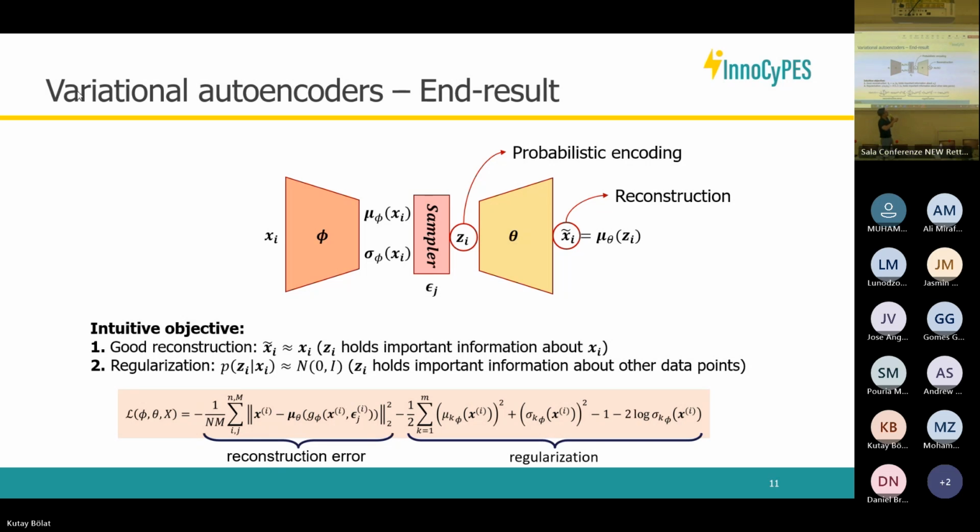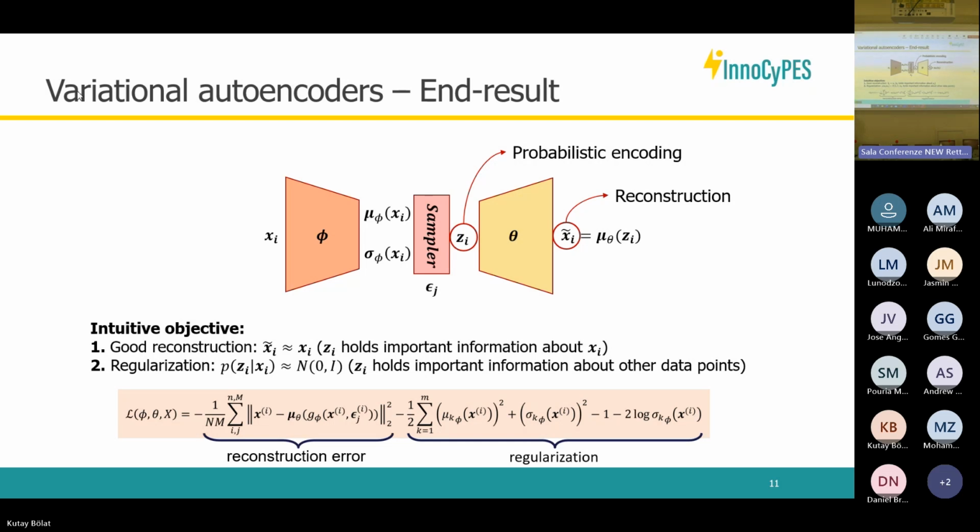The reconstruction is again a Gaussian distribution, but we tend to use only the mean as the reconstruction. We don't take samples again, for lots of reasons we can discuss later. But this is the framework.